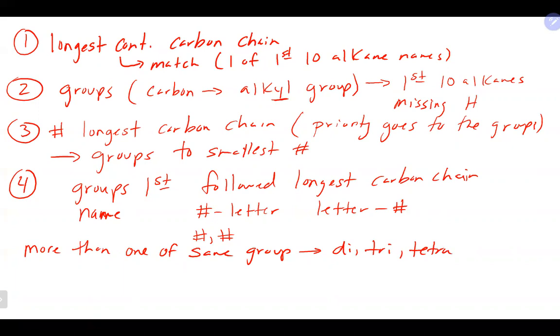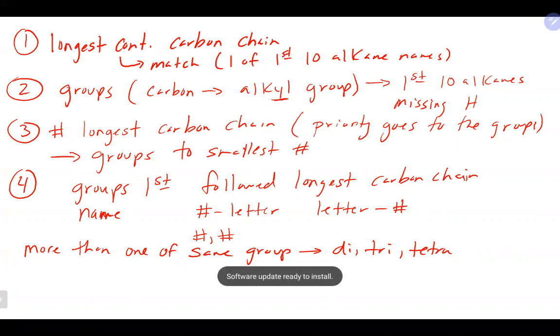It doesn't have to be on the same carbon, but anywhere on any carbons, if you have two of the same groups or 3 of the same groups, we incorporate these prefixes on top of the names.